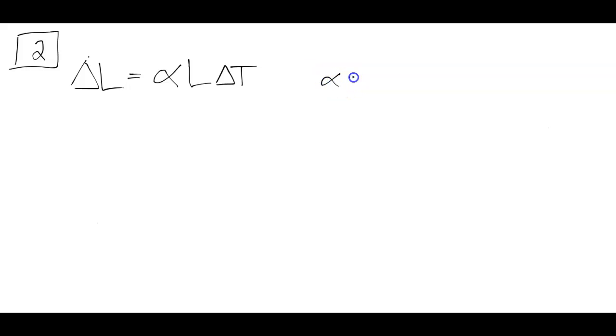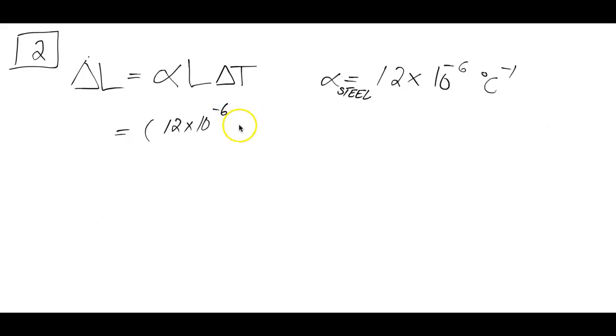And if we look up in the table, the coefficient of thermal expansion for steel is 12 times 10 to the minus 6 per degree Celsius.